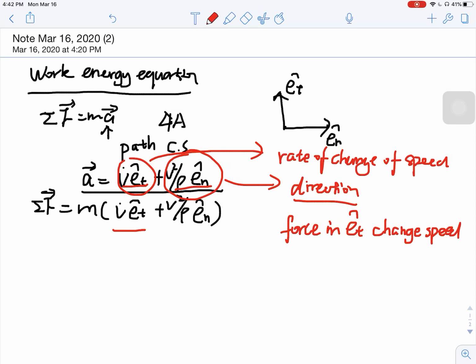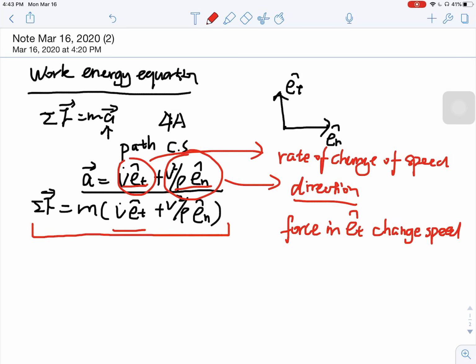If we only care about the forces in the et hat direction, how can we extract that force from this formula? One thing we can do is use the dot product, which we learned in chapter 1, chapter 2. It's also in your book, page 11.